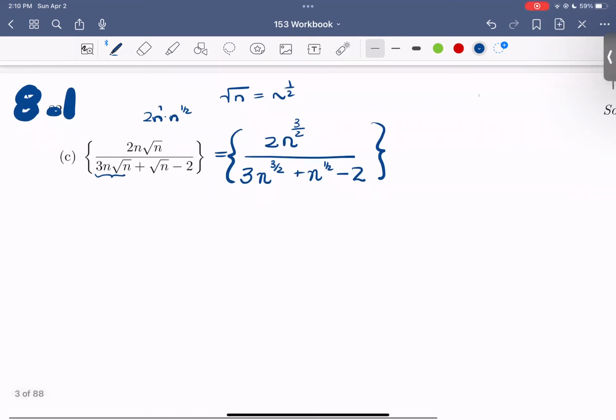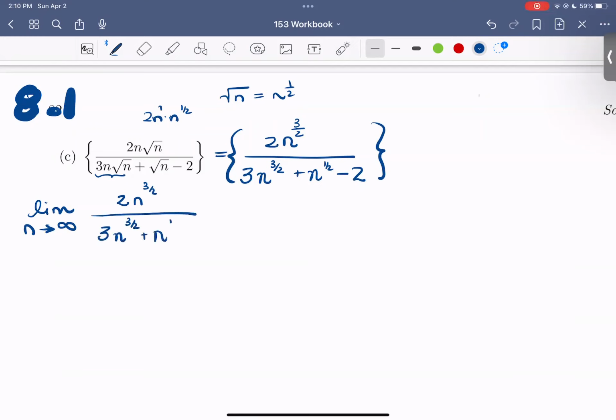Now let's go ahead and set up that limit as n goes to infinity of 2n to the 3/2, all over 3n to the 3/2 plus n to the 1/2 minus 2. Notice that here we have a similar behavior as what we saw in part B, where we have these terms in the numerator and denominator that are kind of throwing off what the behavior of this fraction or function actually is.